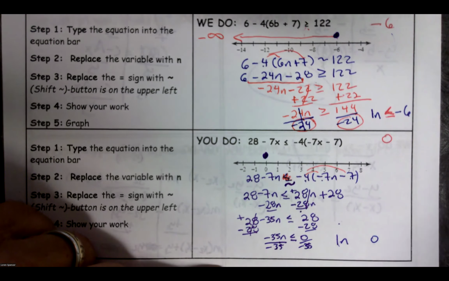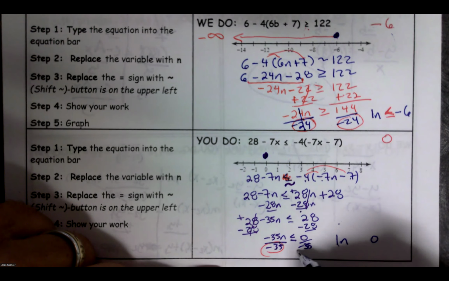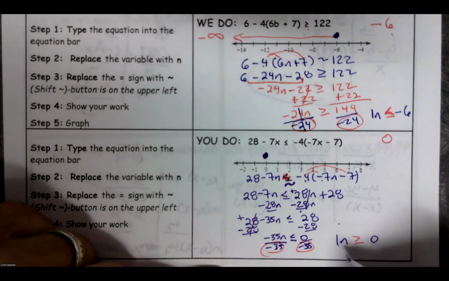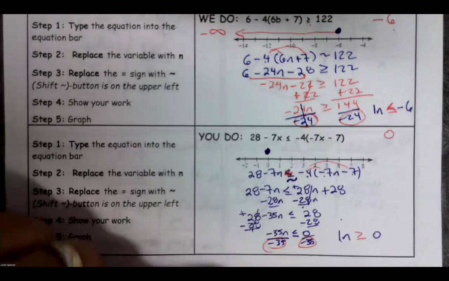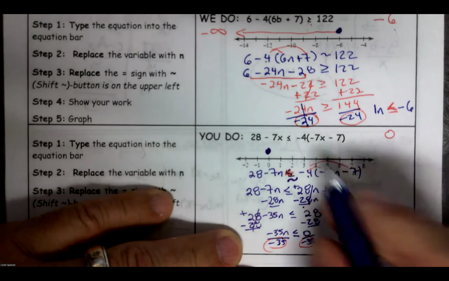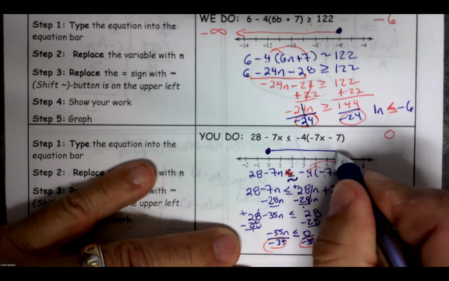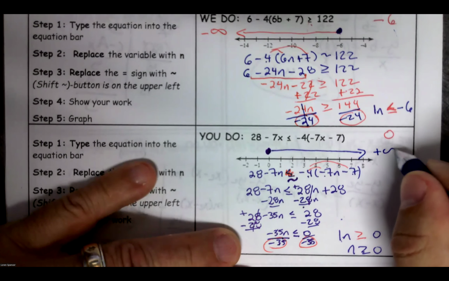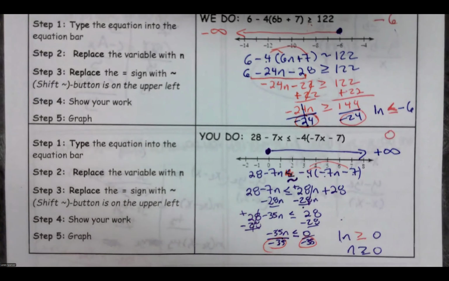But look, I'm dividing by negative. If you're dividing by negative, we have to switch the sign. So the sign is going to change directions. So my final answer is n is greater than or equal to 0. So we know it's pointing in this direction. And we can say that it's going off to positive infinity.